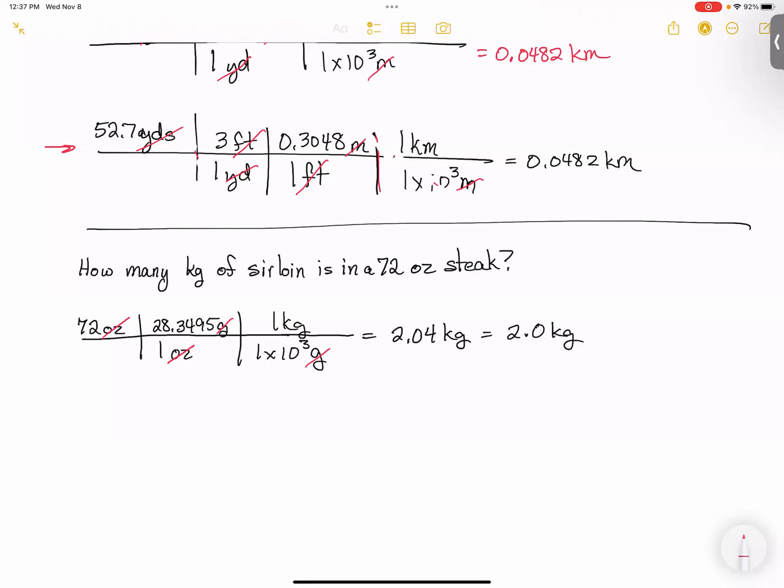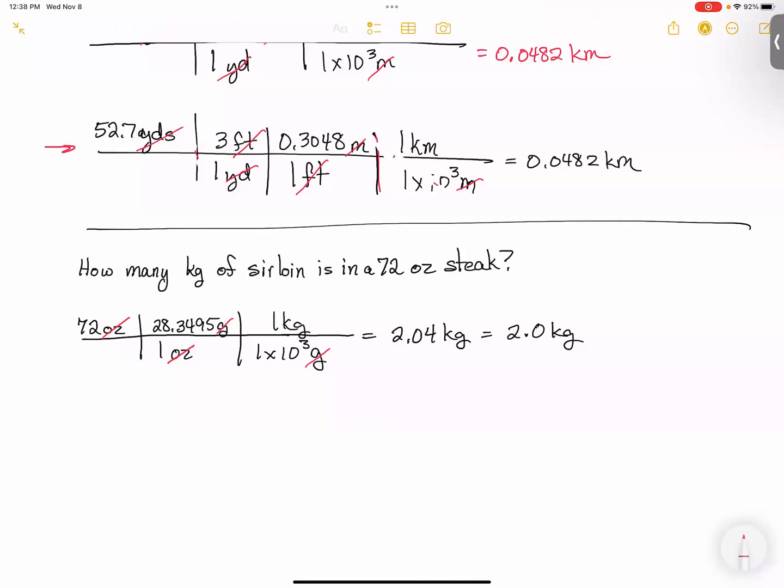Okay, so how come you didn't use the one, kilogram equals 2.2 pounds? Because we're not asking for pounds. I could have if I needed pounds, or if I'd converted these ounces to pounds first.